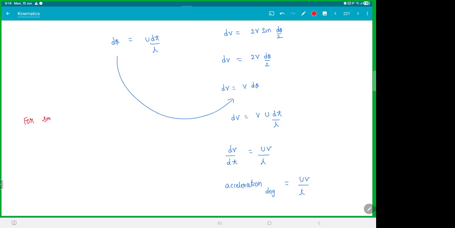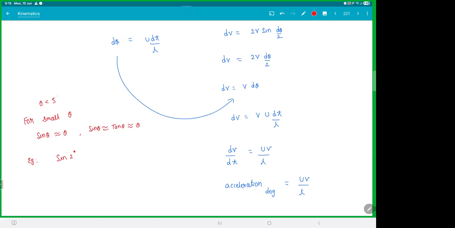Remember this approximation comes a lot. For small theta, sine theta can be equated to theta. Same thing, you can also say sine theta is almost equal to tan theta. Both work. So for example, if I say sine 2 degrees, how much is this? When you say small theta, we generally say theta less than 5 degrees.